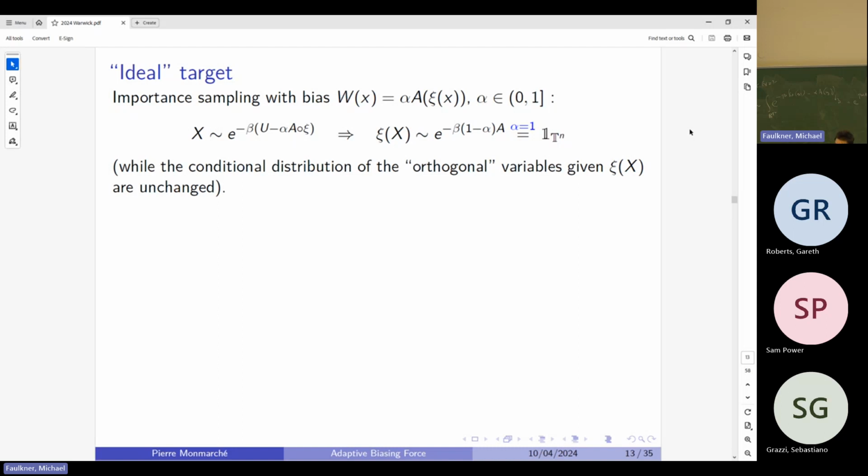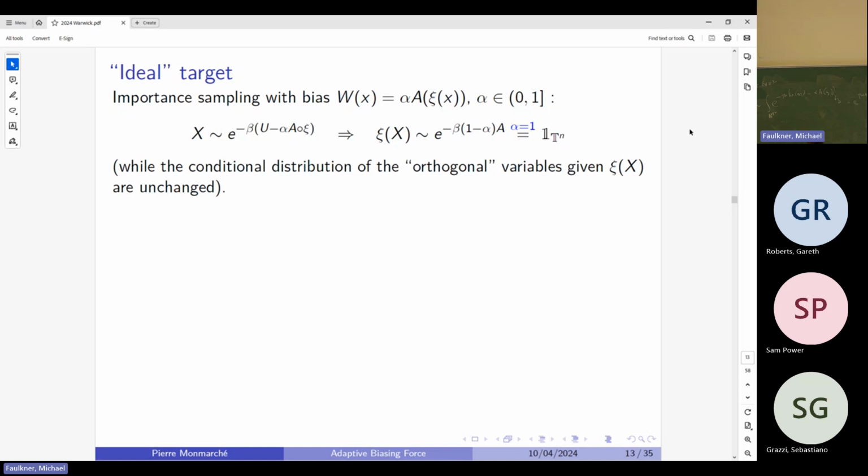This is just the uniform distribution on the torus. So you have flattened the energy landscape in the world of psi of x. In the low-dimensional world of the reaction coordinate, you have modified that, which is equivalent to saying that you have taken a temperature of plus infinity for the coordinate psi of x.